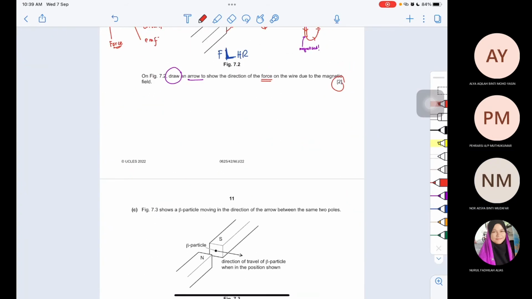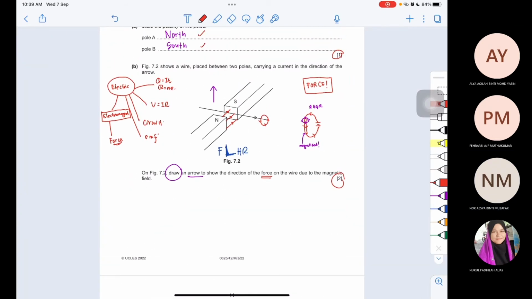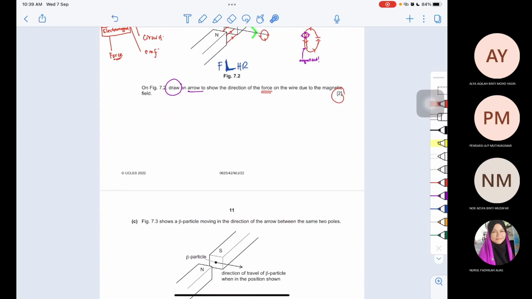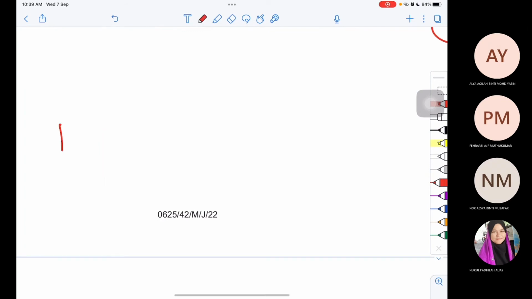Okay, Fleming's left hand rule is used when you know the direction of current. Okay, there is current here, this way. But the right hand rule is for induced current. I for induced, I for right. So if it is induced current, that means, because someone asked me, I'll go over it for a moment.